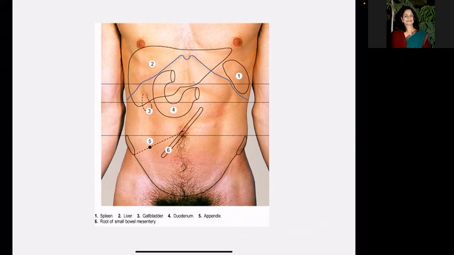Topographically, we can see from the surface, or we can surface mark the liver as extending from the left hypochondrium to the epigastric region and extending downward to the right hypochondriac, and then again the epigastric region. You can see the spleen is present in the left hypochondriac region.